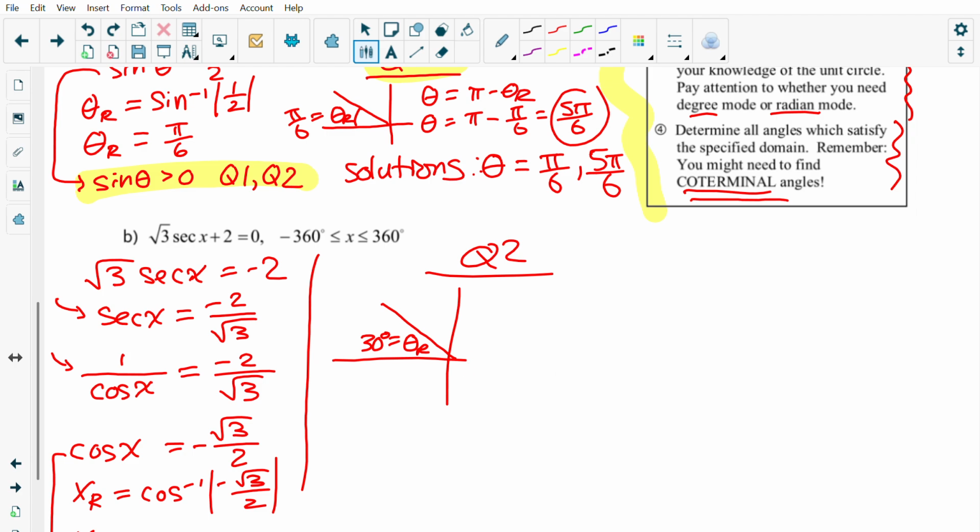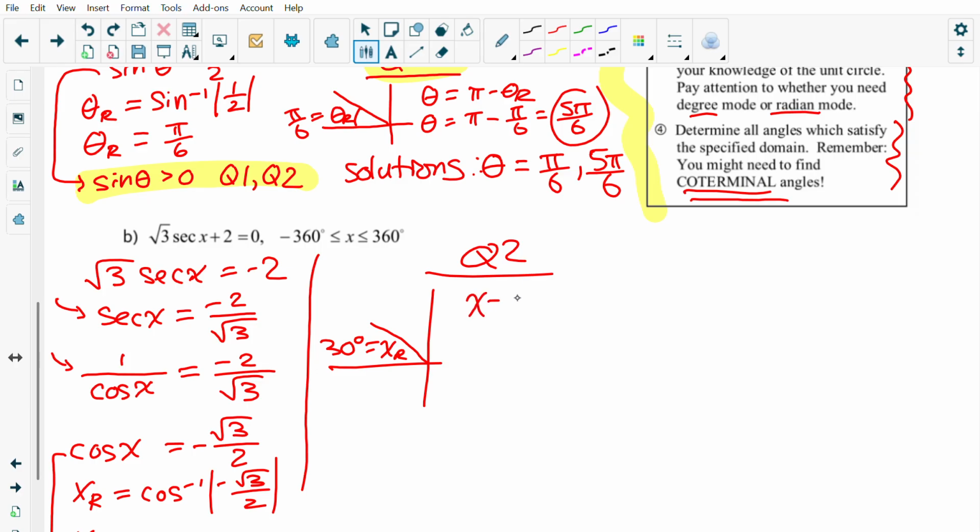So in quadrant 2, what is my angle? So angle in standard position in quadrant 2 is equal to 180 degrees minus my reference angle. Let me use x's here. Sorry, folks. Just use the correct variable. I have x sub r equals 30 degrees.